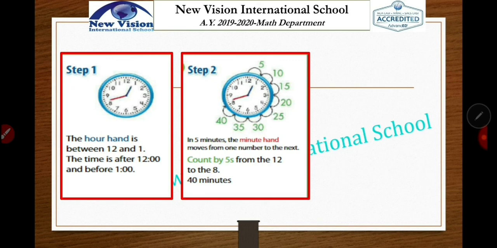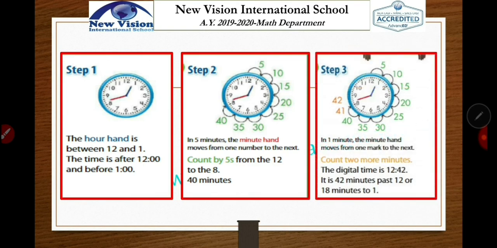Count by fives from the 12 to the 8. So that's 40 minutes. Step 3. In 1 minute, the minute hand moves from one mark to the next. Count 2 more minutes. The digital time is 12:42. Or you can also say it is 42 minutes past 12, or 18 minutes to 1.